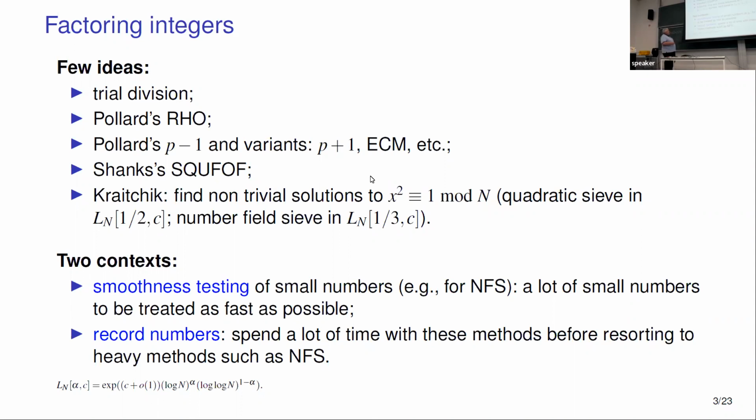And in fact, we spend a lot of time breaking numbers, like record numbers, big numbers, interesting numbers, and of course, not RSA keys. And there's a second context in which we need to test a lot of small numbers. Depending on what you want exactly, you use one of the methods I present.